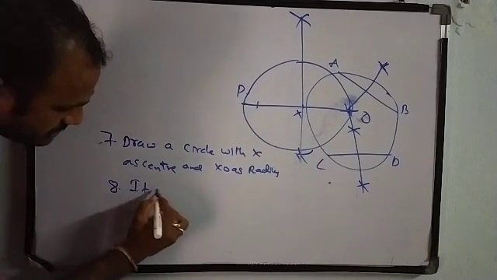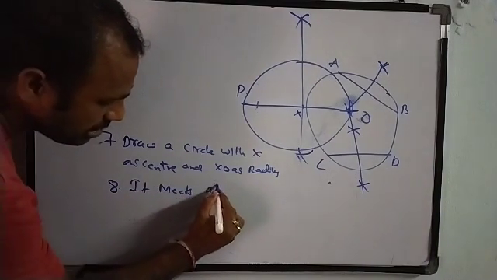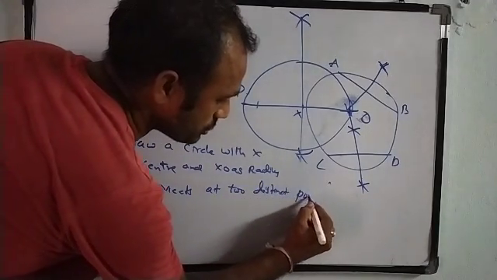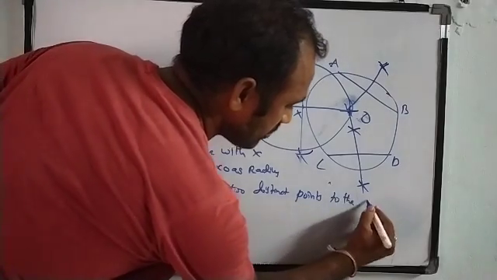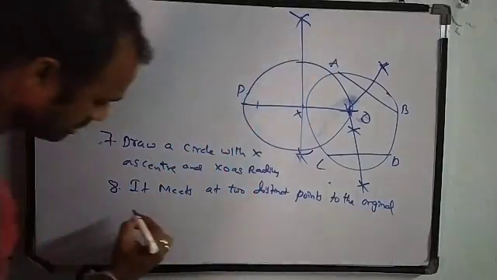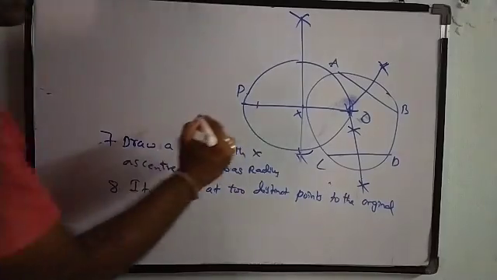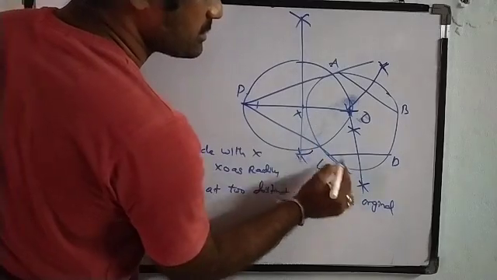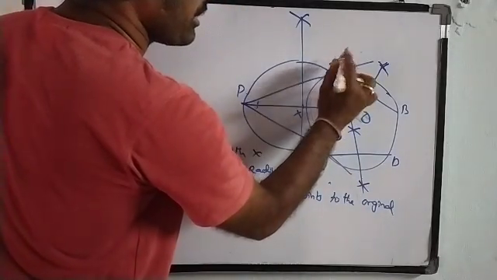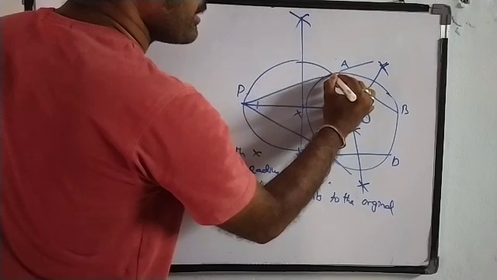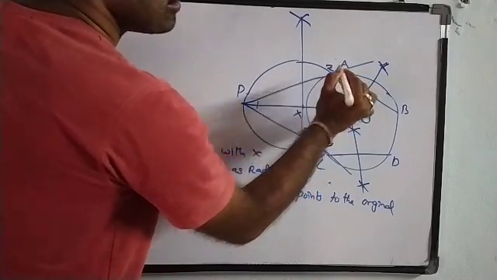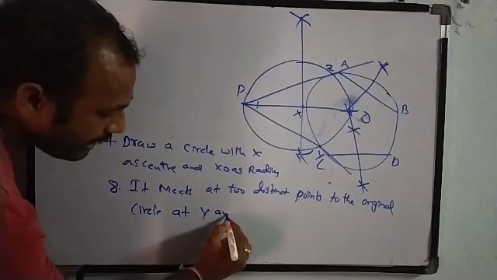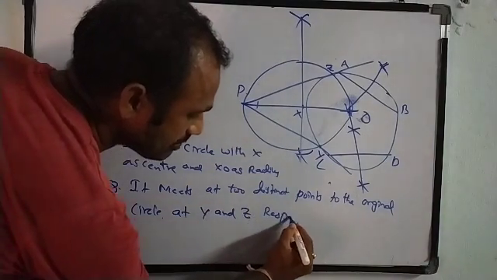It meets the original circle at two distinct points, definitely. This is one point and this is the other point. Let us suppose this is Y and here it is Z.